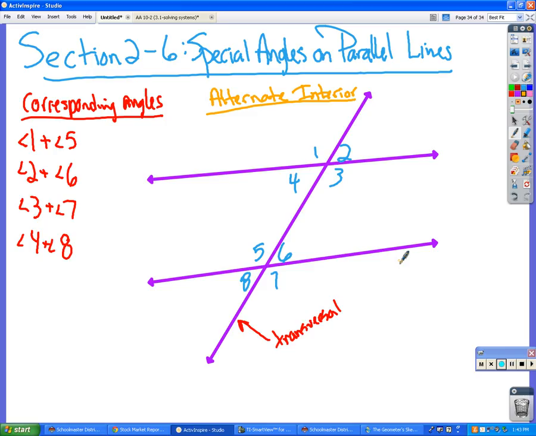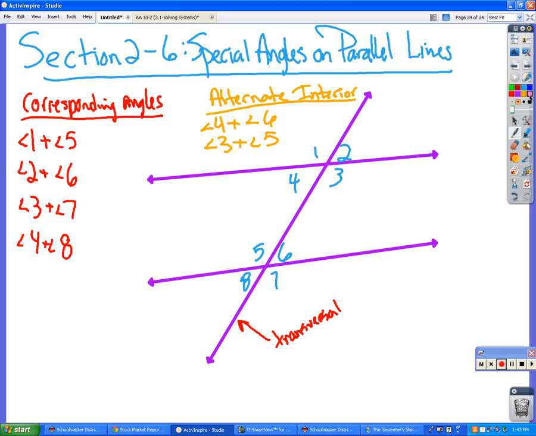And alternate means they're on opposite sides of this transversal. So for example, angle 4 and angle 6 are alternate interior angles, since they're on opposite sides of this line, right? They're alternating sides and they're in between these two. What's my other pair of alternate interior angles? 3 and 5.